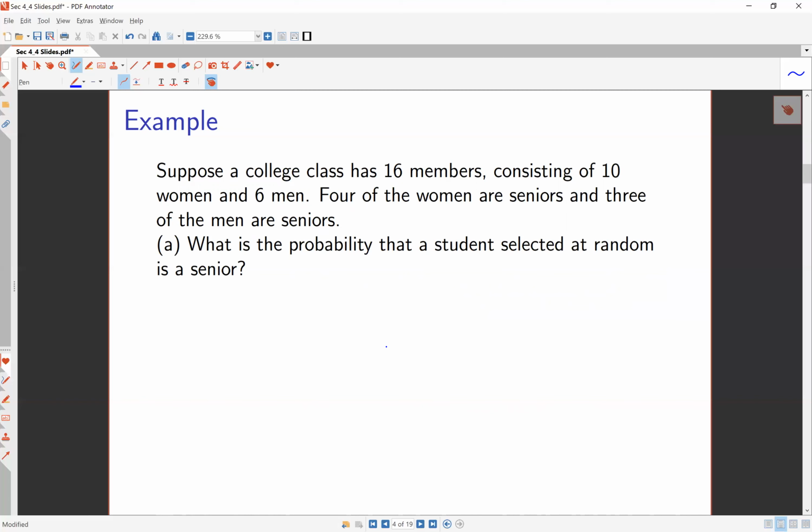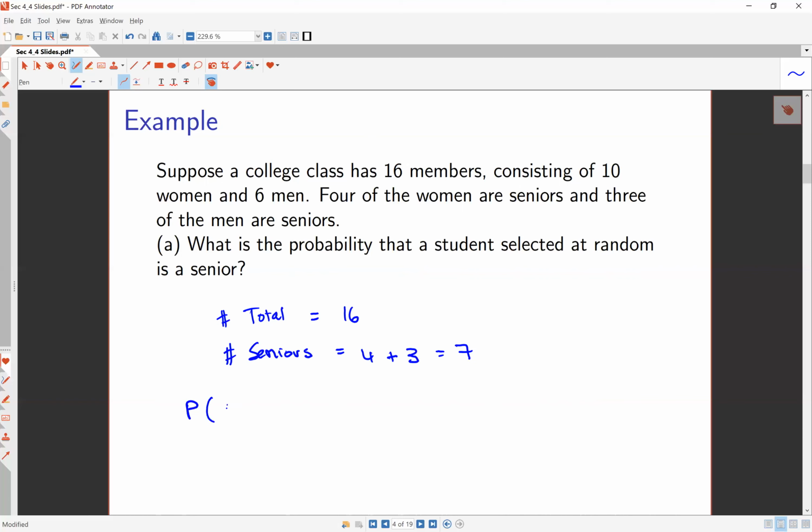So the first probability I want to calculate is just that a randomly selected student is a senior. So there's no conditioning here. I'm just looking at all the students. So how many students are there in total? There are 16. And how many of them are seniors? Well, 4 of the women and 3 of the men, so 7 in total.